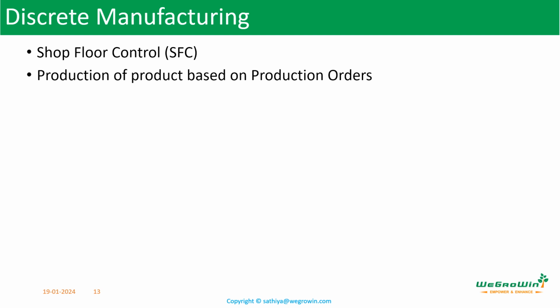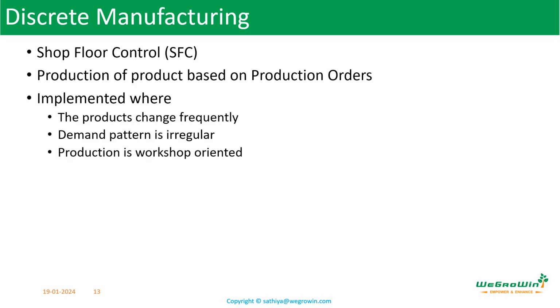The discrete manufacturing production type, which is also known as shop floor control, describes the production of a product based on production orders. Discrete manufacturing is implemented where the products change frequently, the demand pattern is irregular, and the production is workshop-oriented in character.